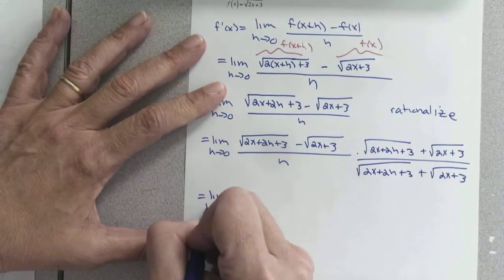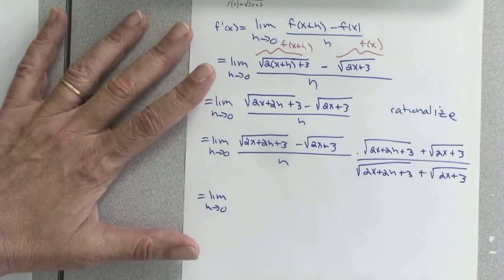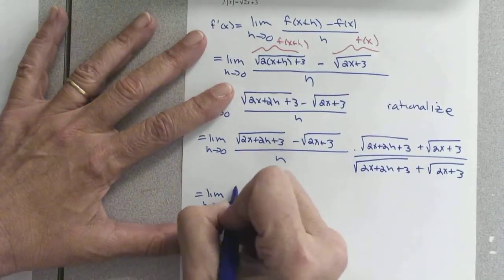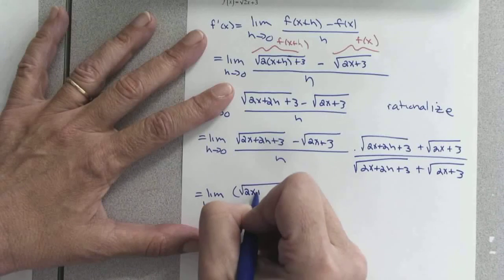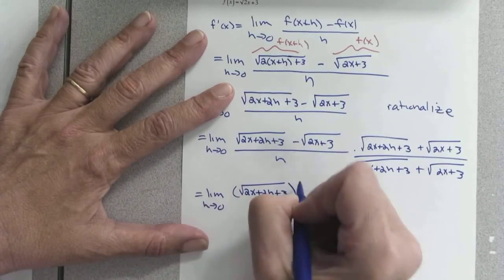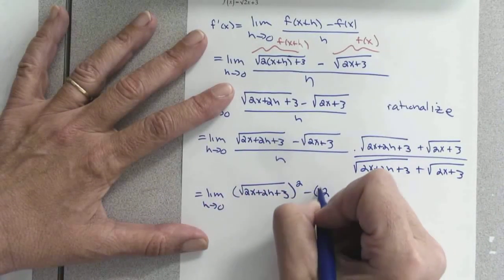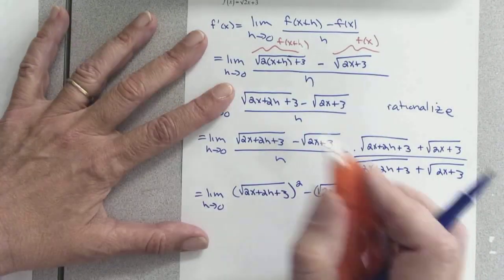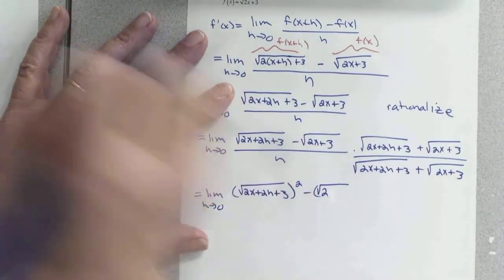In the numerator, multiplying conjugates, you always get first term squared minus second term squared. And yeah, I am showing every single step.